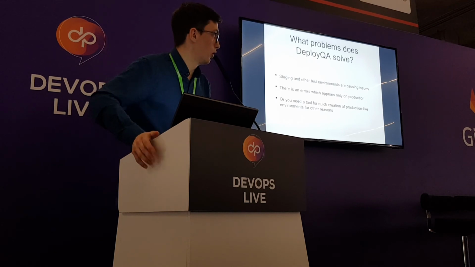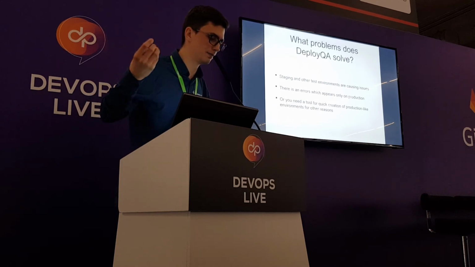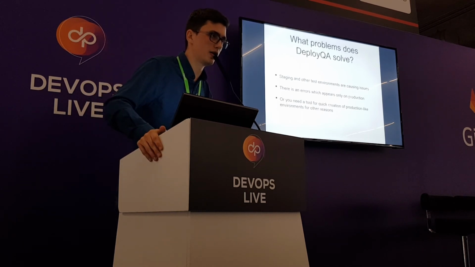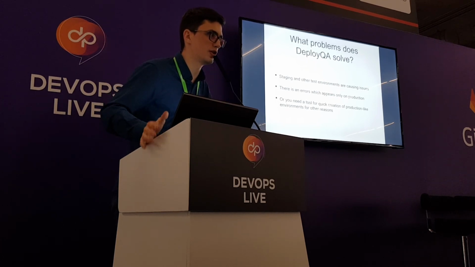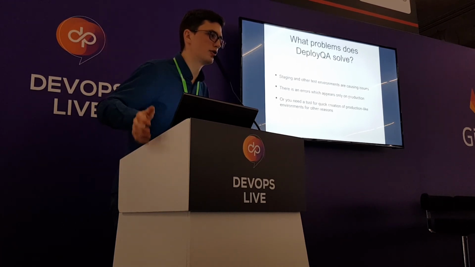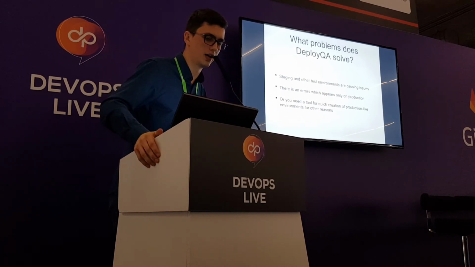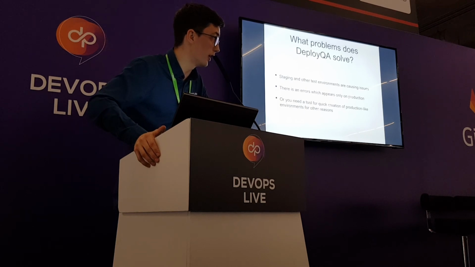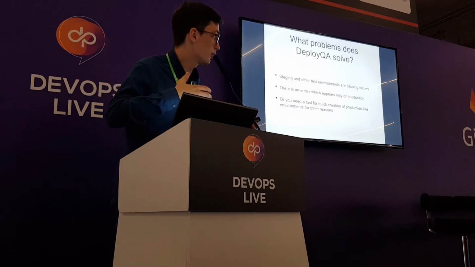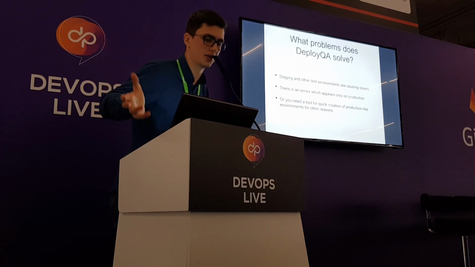To wrap up the talk, what problems does Deploy QA solve? If you have a staging environment and you struggle to manage it, you don't have a system of who deployed, when and how, you can use Deploy QA to replace it with on-demand static environments for every pull request.